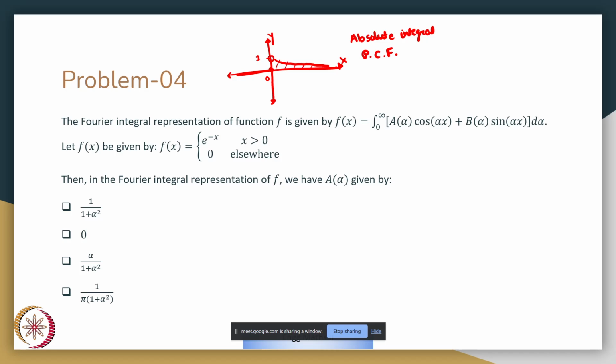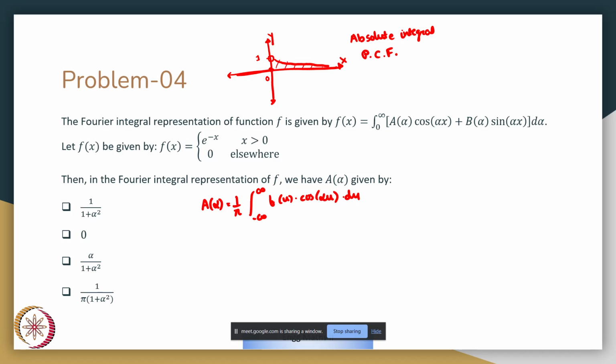So thus a Fourier integral representation of f is valid, and now we can calculate a of alpha to be 1 by pi times the integral from minus infinity to infinity f of u cos of alpha u du.